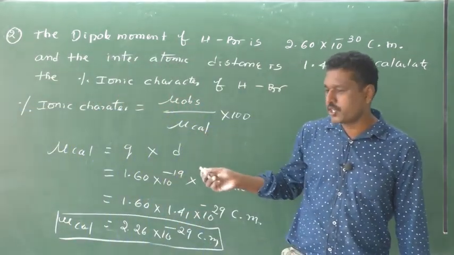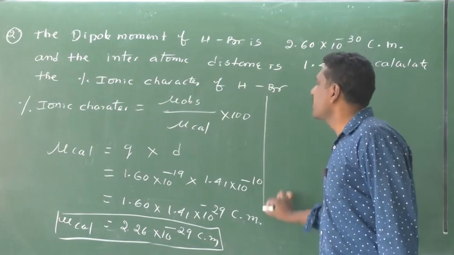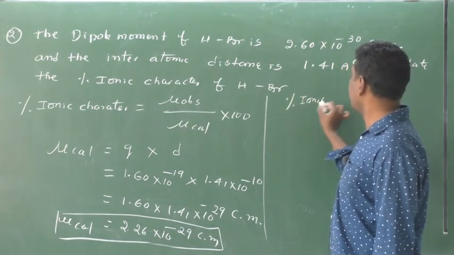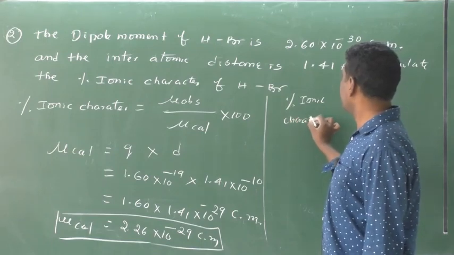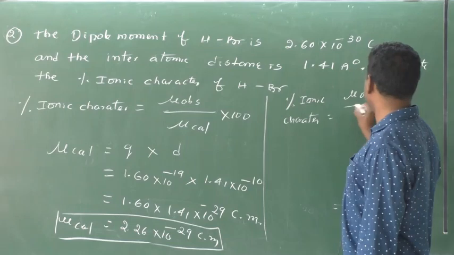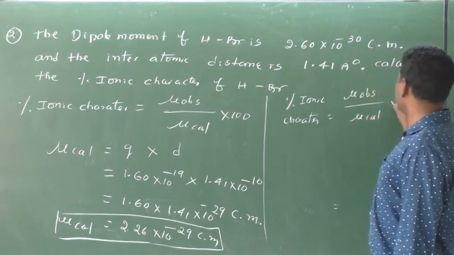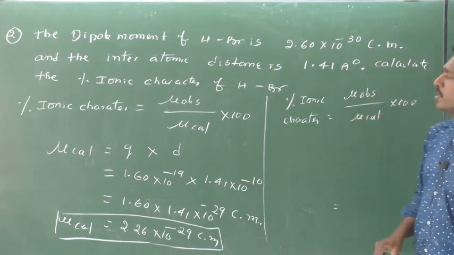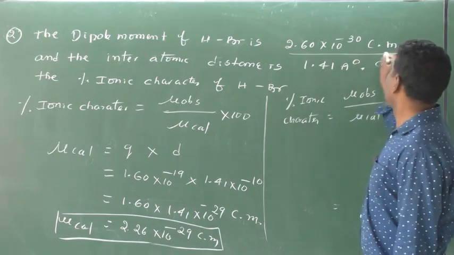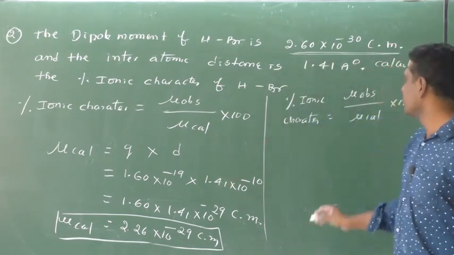So after that, this is substituted in this equation. Percentage ionic character equals mu observed by mu calculated into 100. So mu observed is given in the problem.